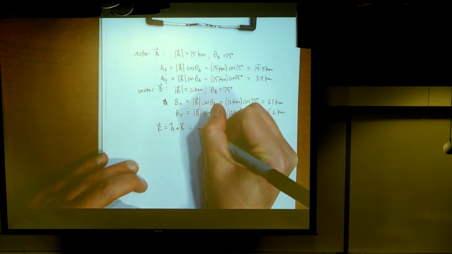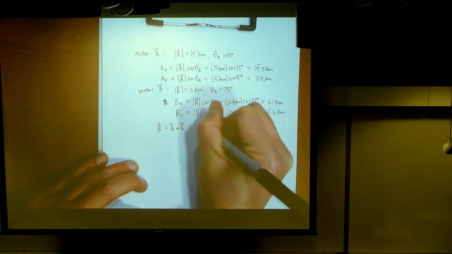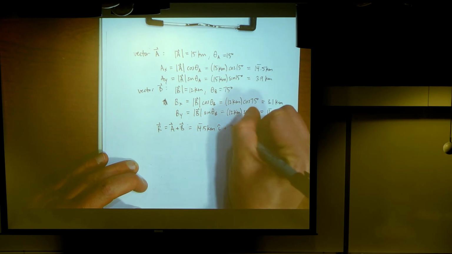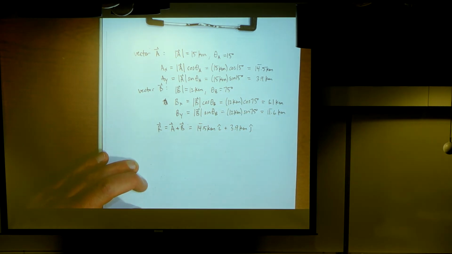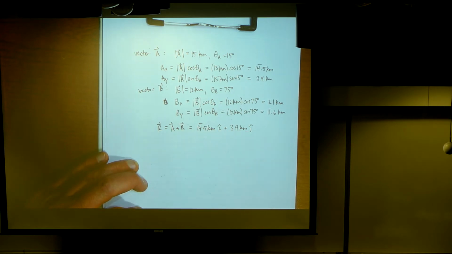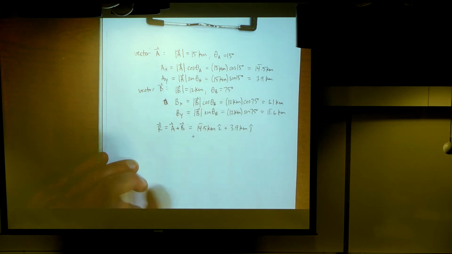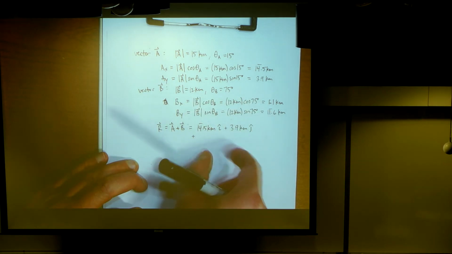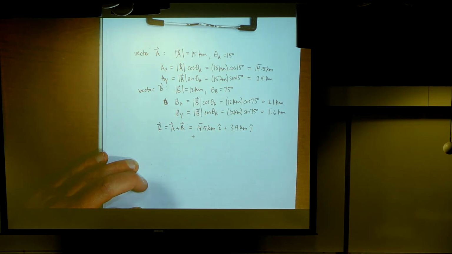to write vector a, we have 14.5 kilometers i hat plus 3.9 kilometers j hat. So the units actually have to come along when we write this out. Then I'm adding that to vector b, which, like I showed you before, I'm going to put on the next line, so you can see how the x components line up and the y components line up.